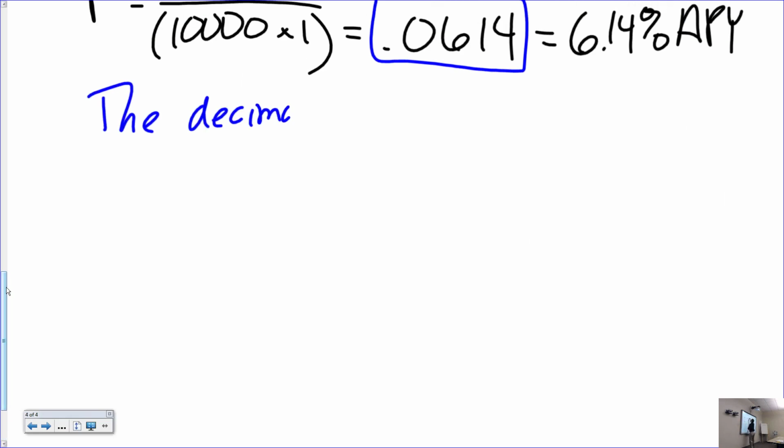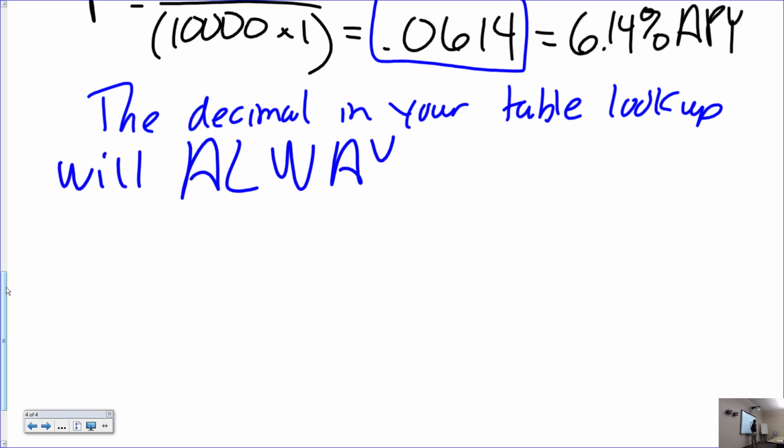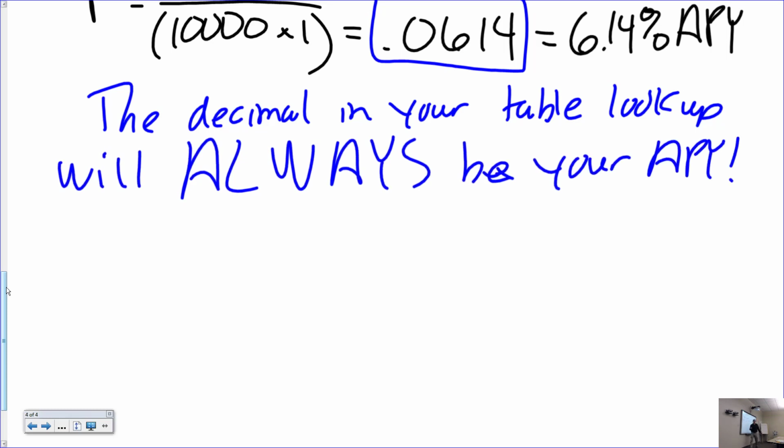The decimal in your table lookup will always be your APY. And this is 100% all the time.